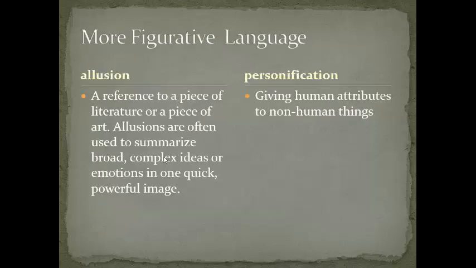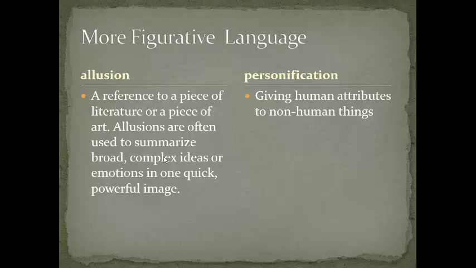Here are two more types of figurative language. Allusion, that's when you make a reference to a piece of literature or a piece of art. Allusions are often used to summarize broad, complex ideas or emotions in one quick, powerful image. Say you wanted to refer to something in regards to Hamlet by Shakespeare, right?